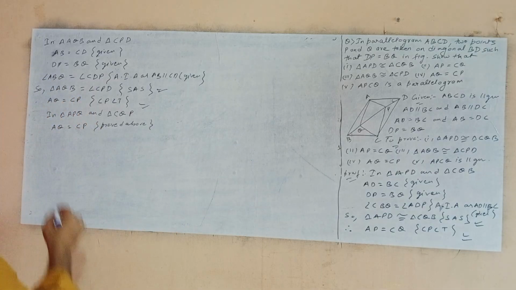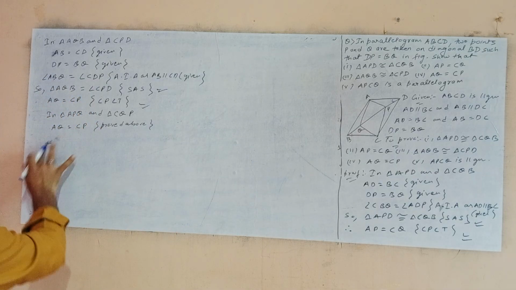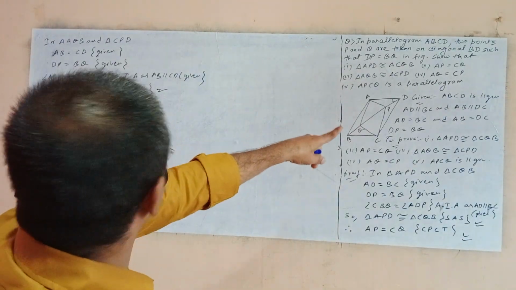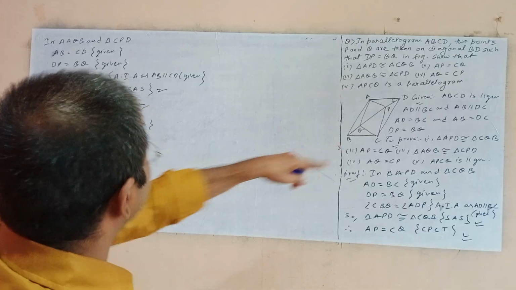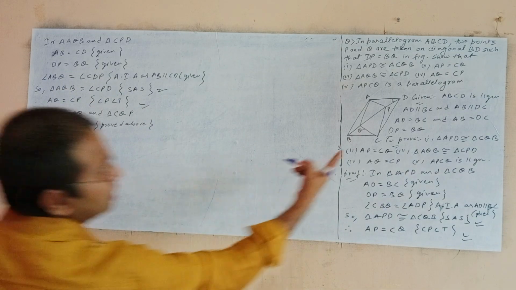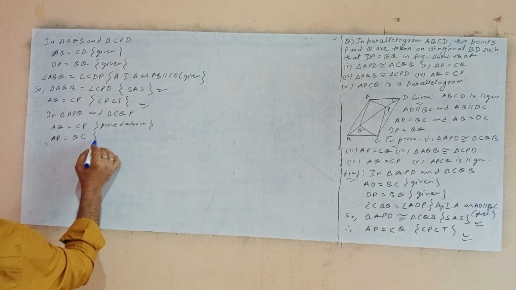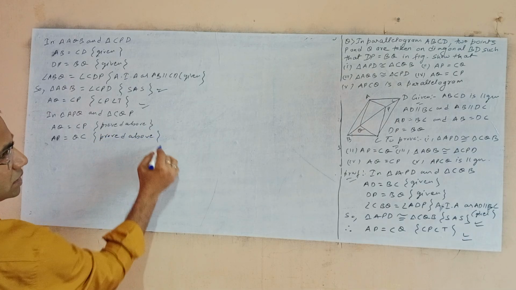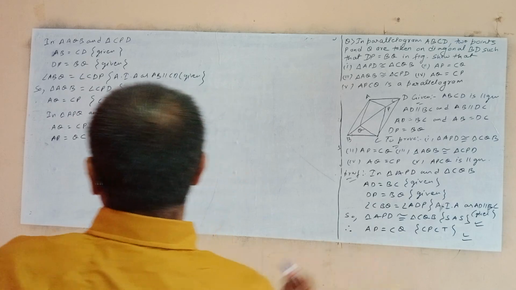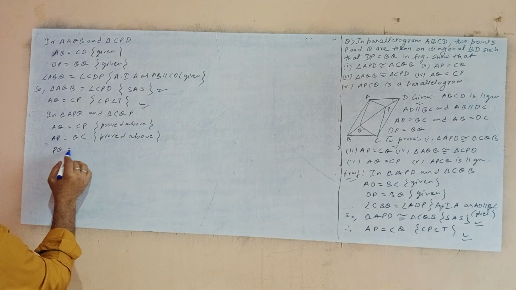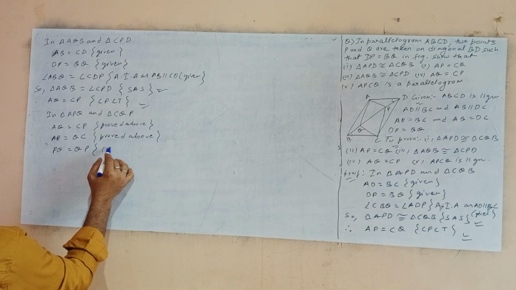AP is equal to QC, again proved above. And PQ is common, PQ is equal to QP.